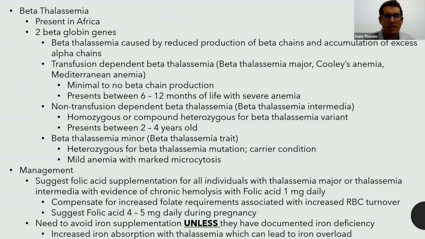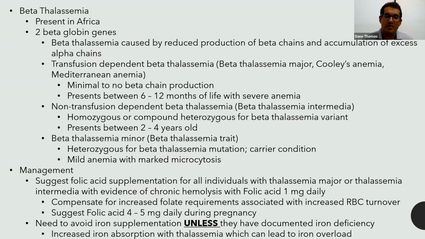And this slide talks about beta thalassemia on top, but I do want to focus on the management of thalassemia, and which include folic acid supplementation for all individuals with thalassemia major or thalassemia intermedia with evidence of chronic hemolysis with folic acid 1 milligram daily. We suggest this because it compensates for increased folate requirements associated with increased red blood cell turnover.